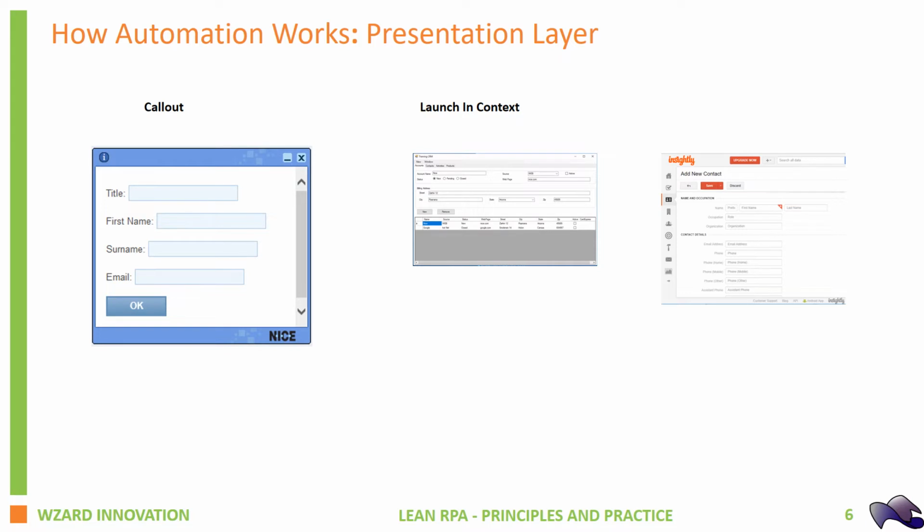These items simply give references to the underlying applications, either their physical location in the case of Windows applications, or their web address in the case of browser-based applications. So we're going to look at how those types of definitions are set up, and we're going to build a callout similar to what we did before.